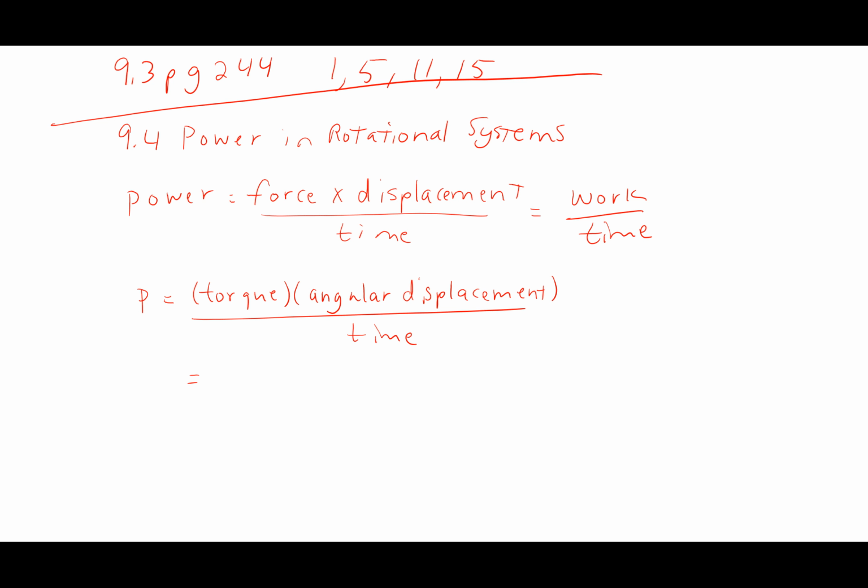And this also equals torque times angular velocity, because displacement divided by time is velocity, which will be tau. It's kind of a funny looking T. I know mine don't look exactly right, but you can look at it on page 245. Tau omega. Okay?